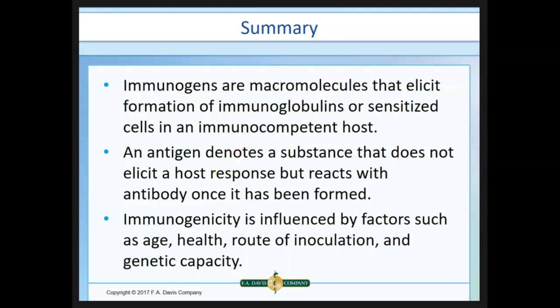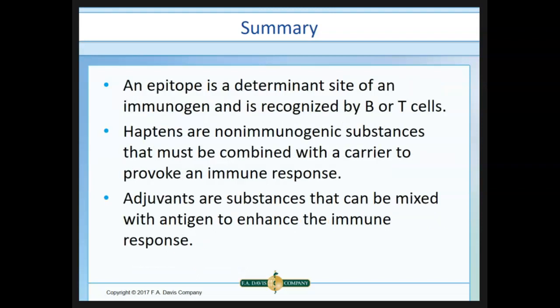An antigen denotes a substance that does not elicit a host response necessarily, but reacts with antibody once it has been formed. Immunogenicity is influenced by factors such as age, health, route of inoculation, and genetic capacity. An epitope is a determinant site of immunogen recognized by B or T cells, and it can be linear or conformational. Haptens are non-immunogenic substances that must be combined with the carrier to provoke an immune response.